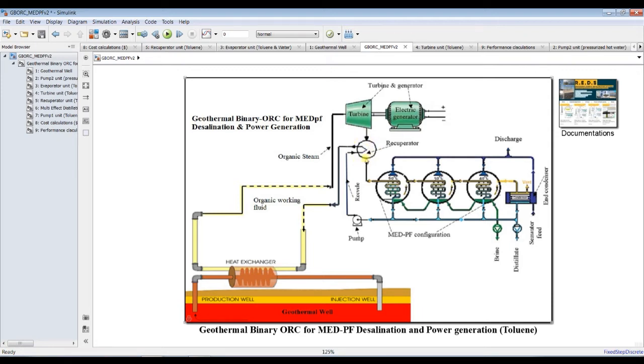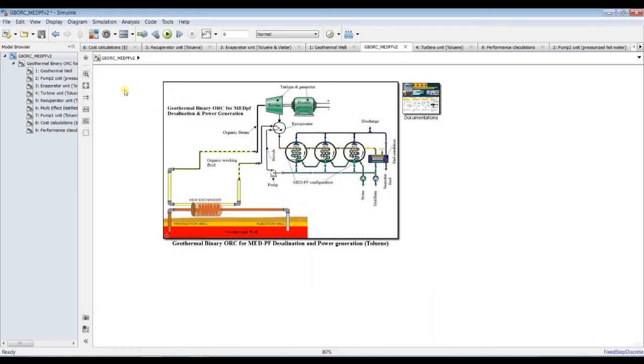Then the exhaust stream is responsible for the first effect in MED as a steam generator for the MED, and the condensed steam is repumped again and responsible for preheating the stream to the boiler heat exchanger in order to increase the efficiency of the boiler heat exchanger and so on, saving much thermal power.